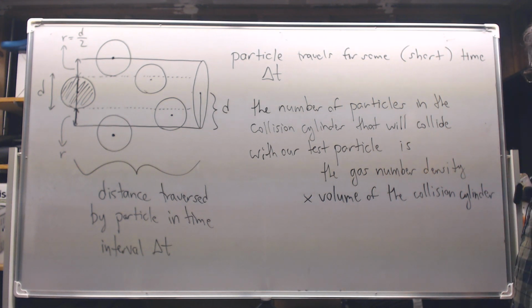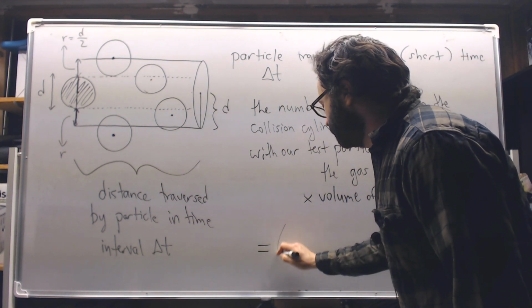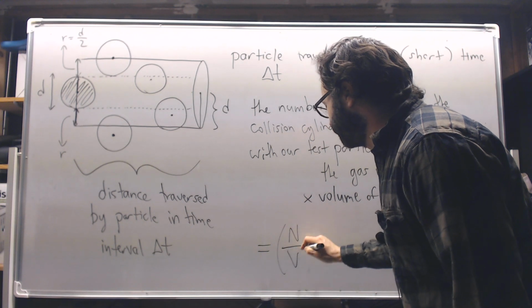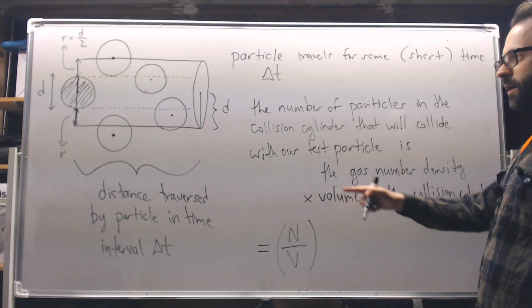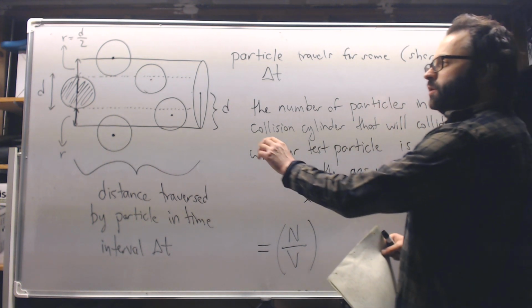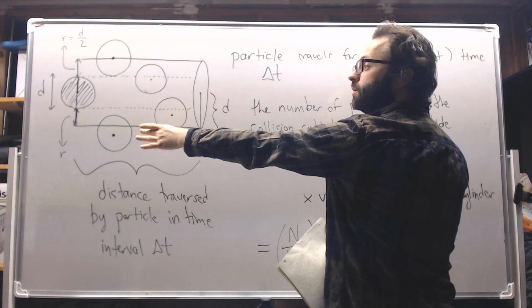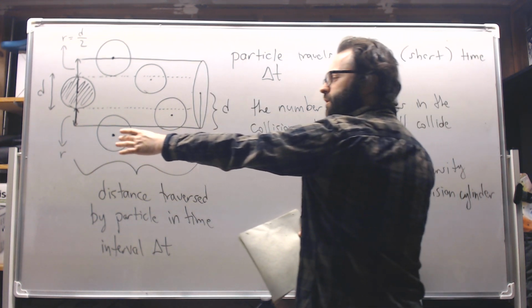Right? So density times volume gives you the number of particles. Remember that the mass density times volume gives you the total mass. The number density times volume gives you the total number of particles. And so the number of particles in the collision cylinder will look like the density, N over V, times the volume of the collision cylinder. Well, what's the volume of the collision cylinder? The volume is the cross-sectional area of the cylinder times the length of the cylinder. Let us remind ourselves, what is the length of the cylinder?